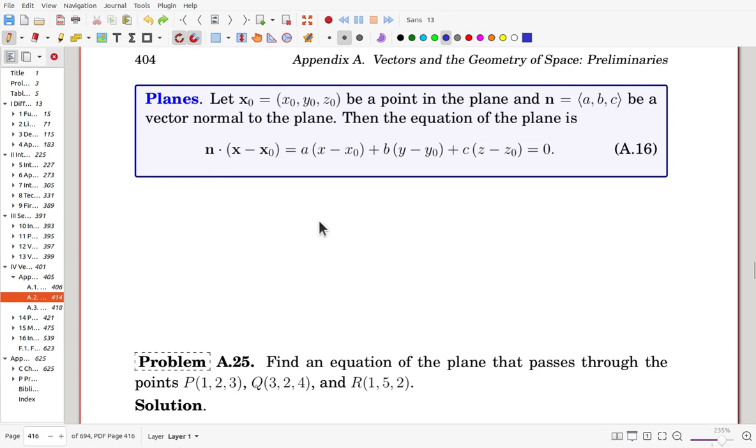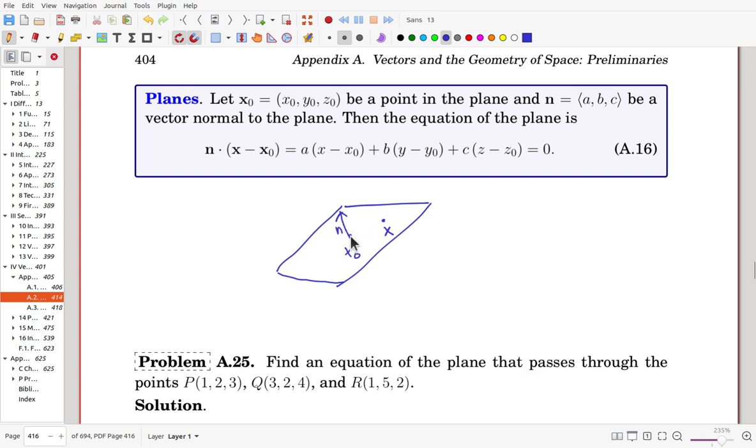Here, let's draw a plane. Plane is given in this way. Now, the point x0 is here. Then we choose an arbitrary point in the plane. Then that is x. And the normal vector is given here now.